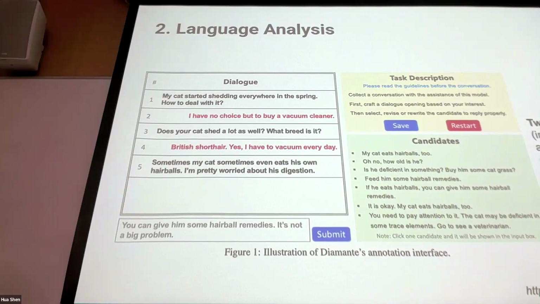So that is language analysis for extracting implicit human preference. So you can see that two kinds of human feedback are important, including the explicit demonstration and implicit preference.